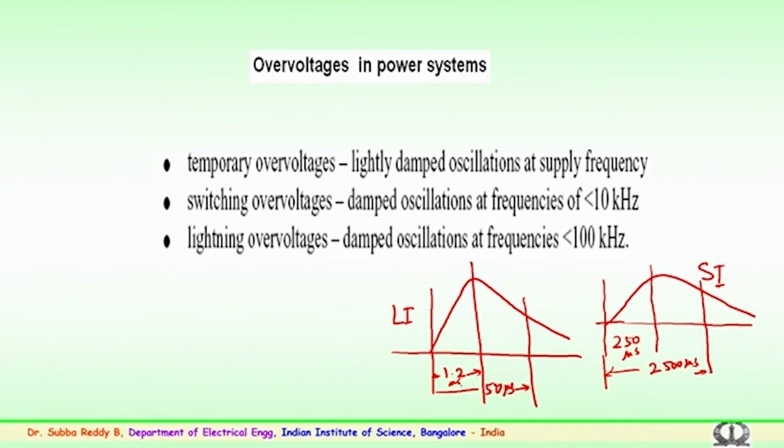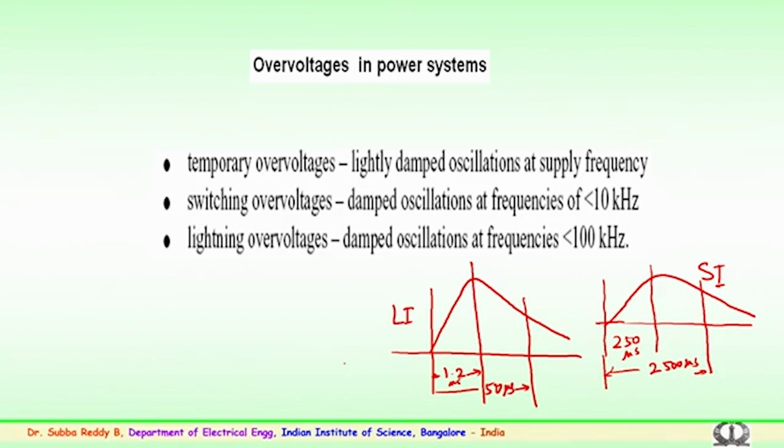Then coming to the lightning over voltages, these are again damped oscillations at frequencies which are less than 100 kilohertz. These lightning over voltages may occur due to natural lightning which may strike the tower or the equipment. So, natural lightning will have a front of 1.2 microseconds and a tail time, that is, the time at which the magnitude falls to 50%, of 50 microseconds.